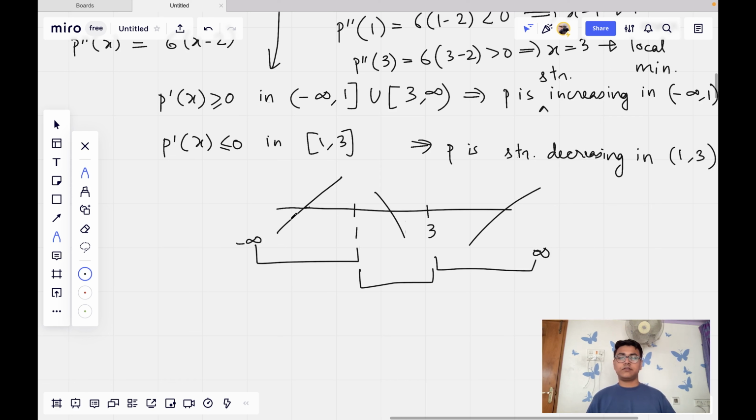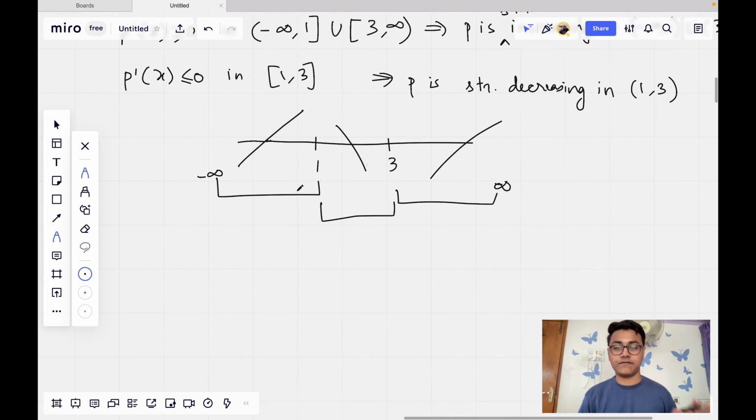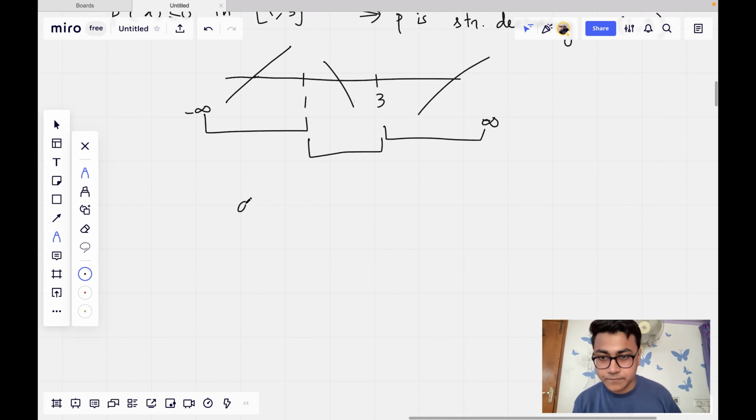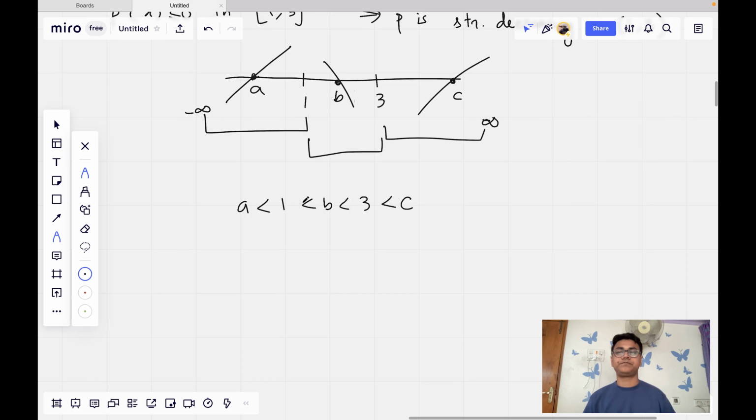This is because the polynomial is strictly increasing, strictly decreasing, and strictly increasing respectively in these 3 intervals. Since P must have 3 distinct real roots, we must have A less than 1 less than B less than 3 less than C. That is, this should be A, this must be B, this has to be C.